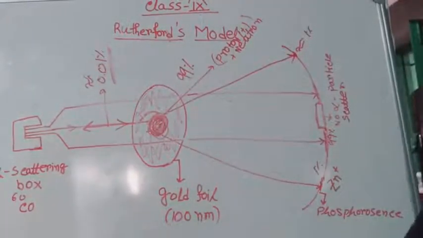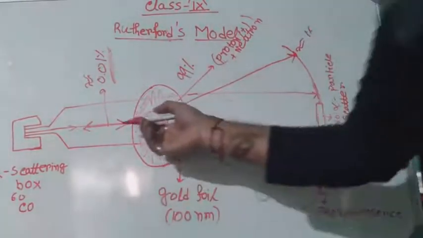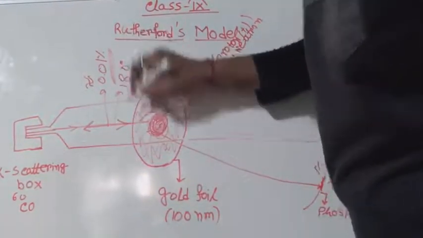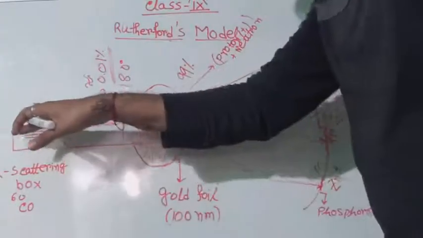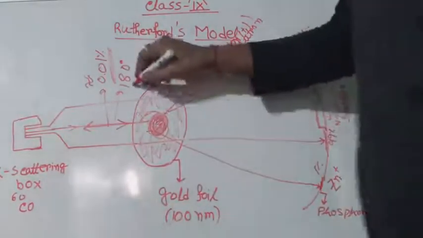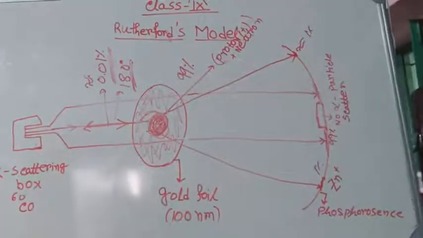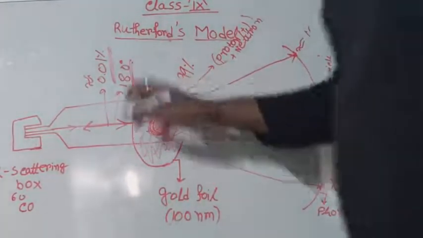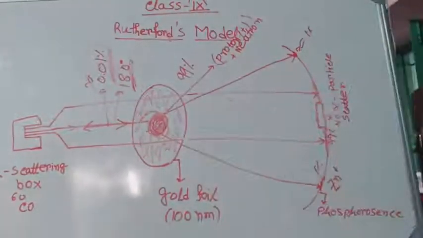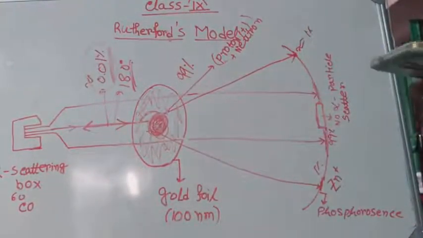That means 0.01% of alpha particles were deviated by 180 degrees. This is 180 degrees because the alpha particle passed this way and returned in this direction. This 180-degree deviation has been observed, and this amount is very low. It is the third point. For this reason, what is the conclusion of this Rutherford model?